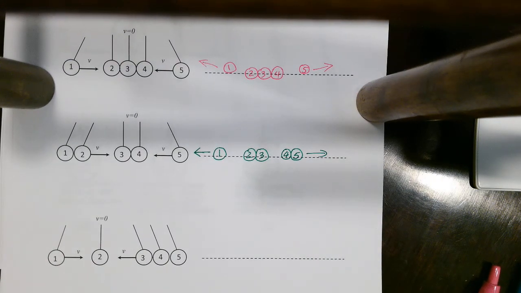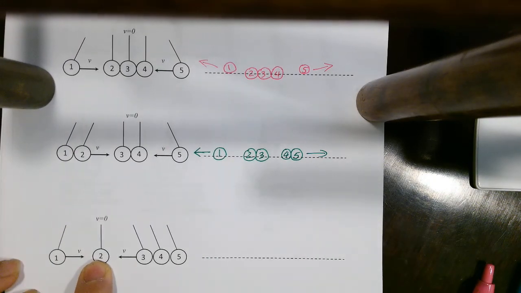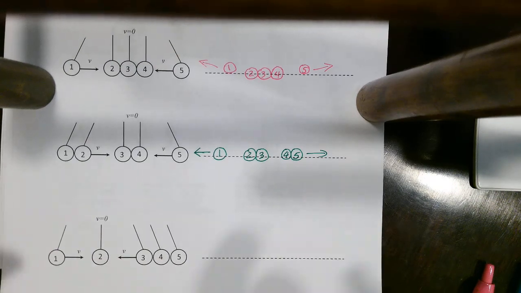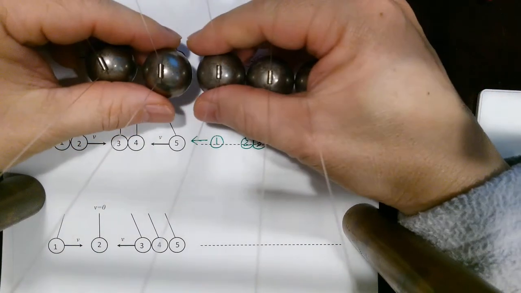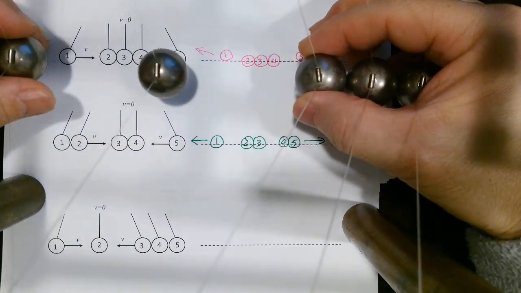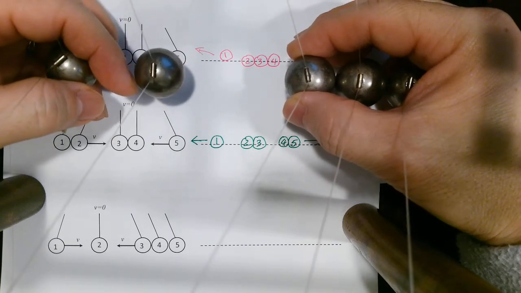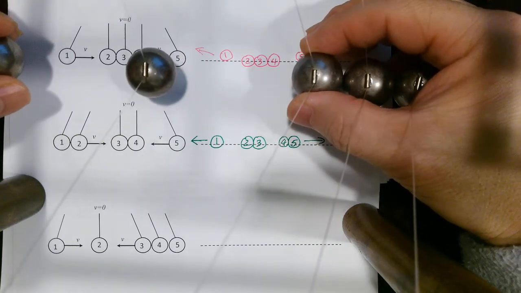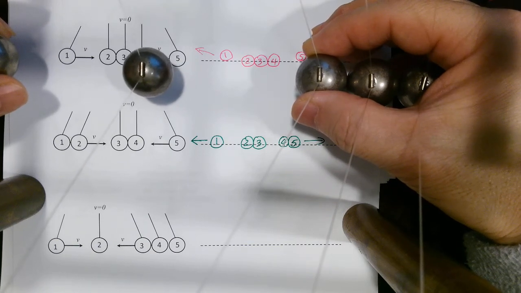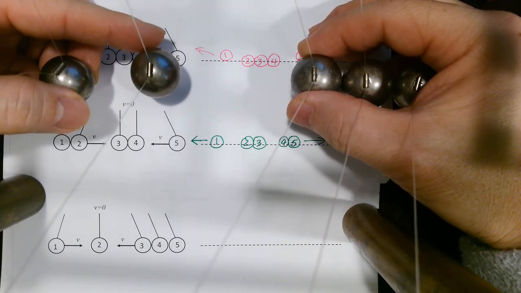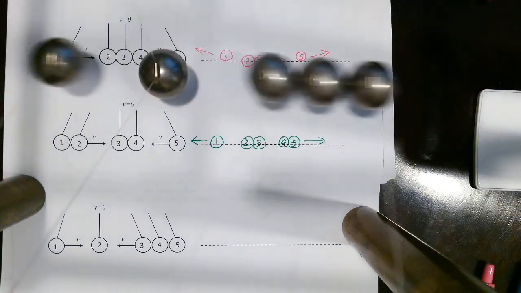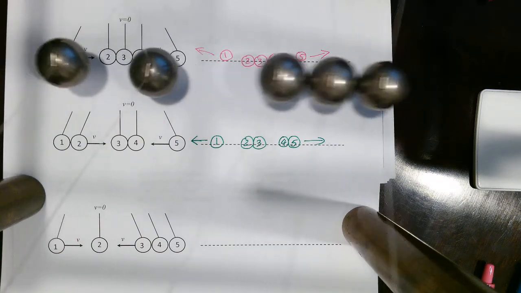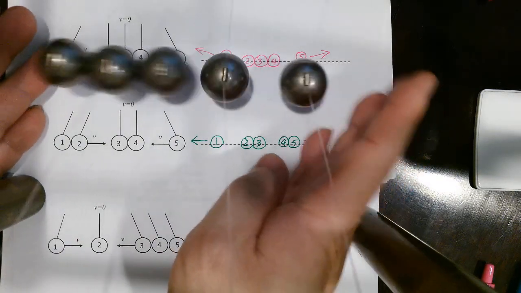Then what about the last one? If we had 1 coming in from the left, 3 coming in from the right, let's see. Here we go. Yeah, so it still behaves the same way.